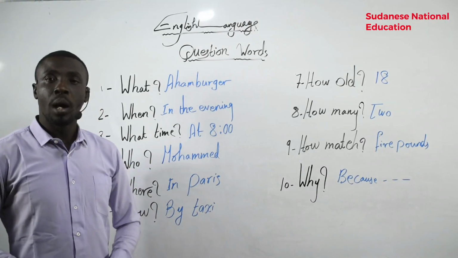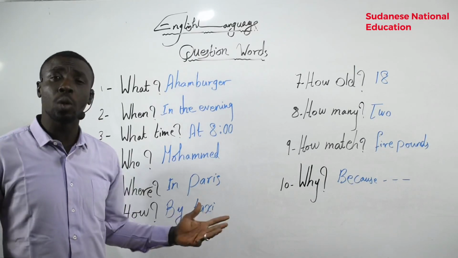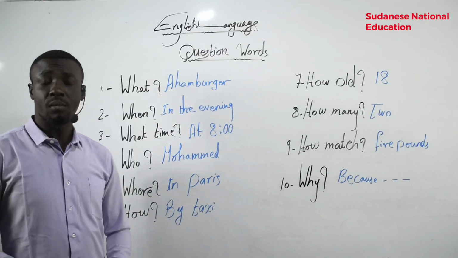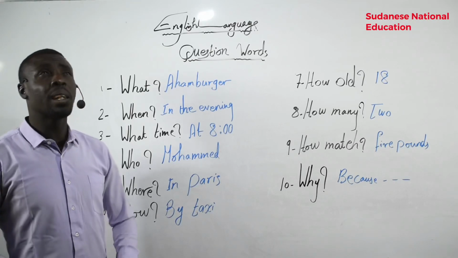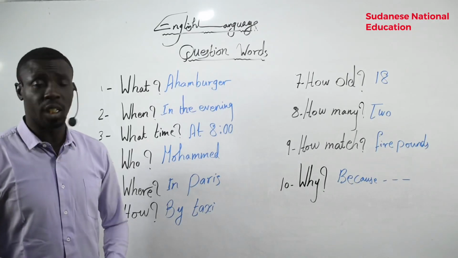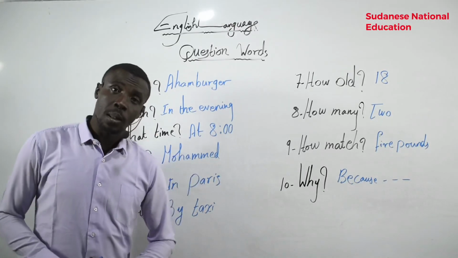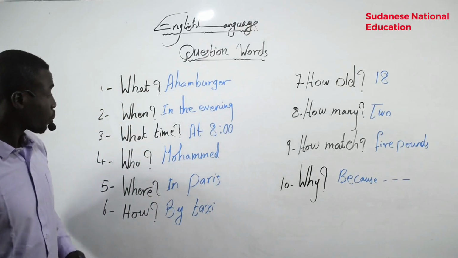For example, when did you last visit Sudan? I last visited Sudan in 2015, for example. We use when to ask about a certain time in the past.